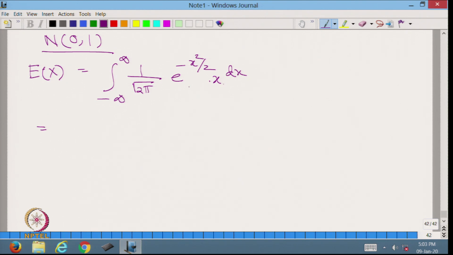Because it is an odd function of x, we do not need to do anything. We can simply see that this integration is going to be 0. Therefore, expected value of x when x is normal 0, 1 is equal to 0, and this gives the expectation.